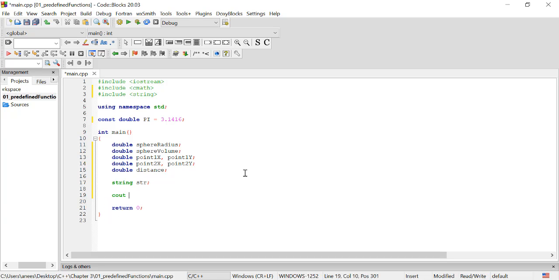Now here we're going to print out, or cout actually, line 14.